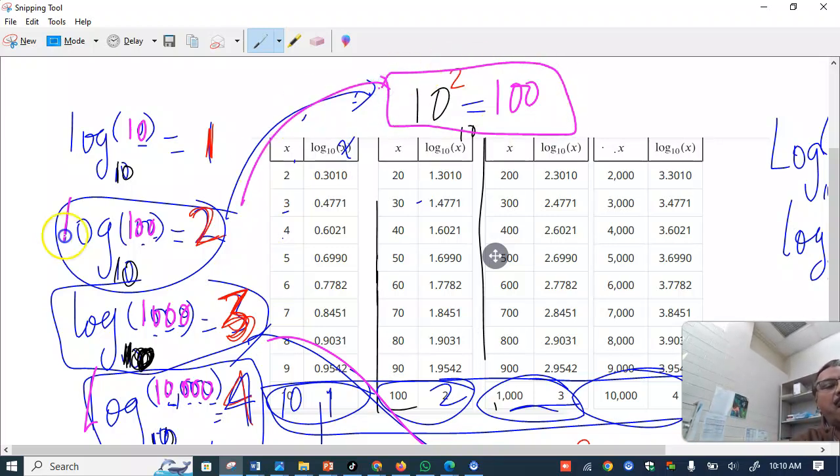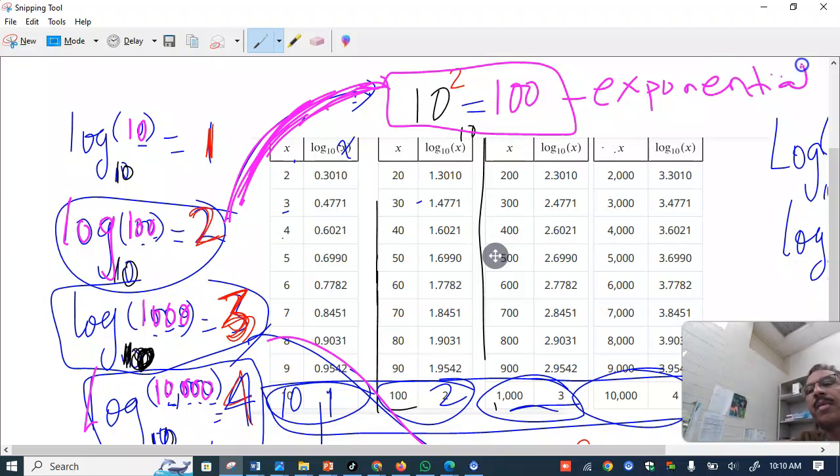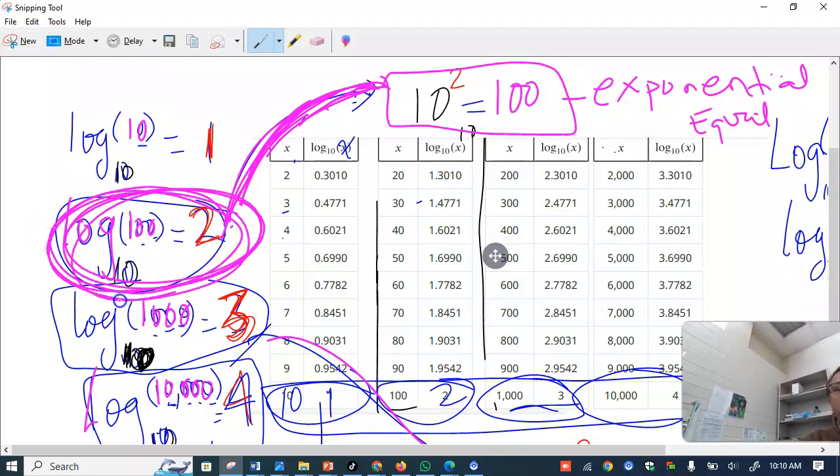So what is logarithm? This new thing is it basically is creating a representation of exponential equation. So this is exponential equation. So this exponential equation is because of this log. So it's something new that is created. This is something new, but this something new is because of 10 square is 100.